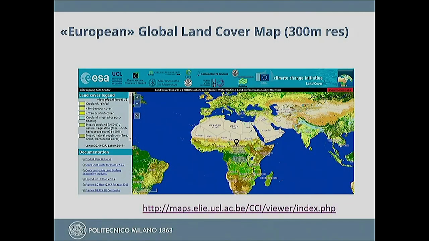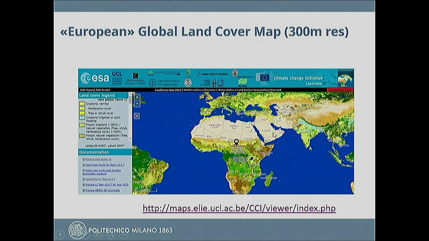If we look at the products that are available, we can start with the products of the European Commission. And the main product of the European Commission is this CCI land cover that is available at 300 meters resolution.